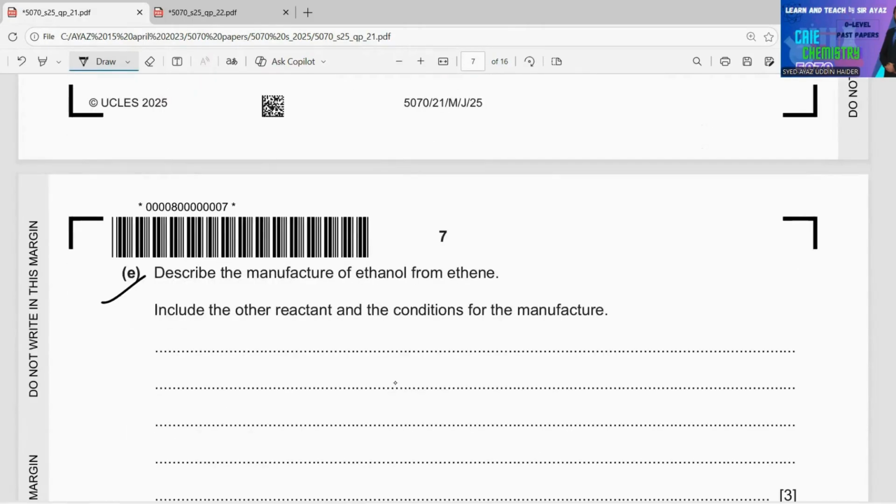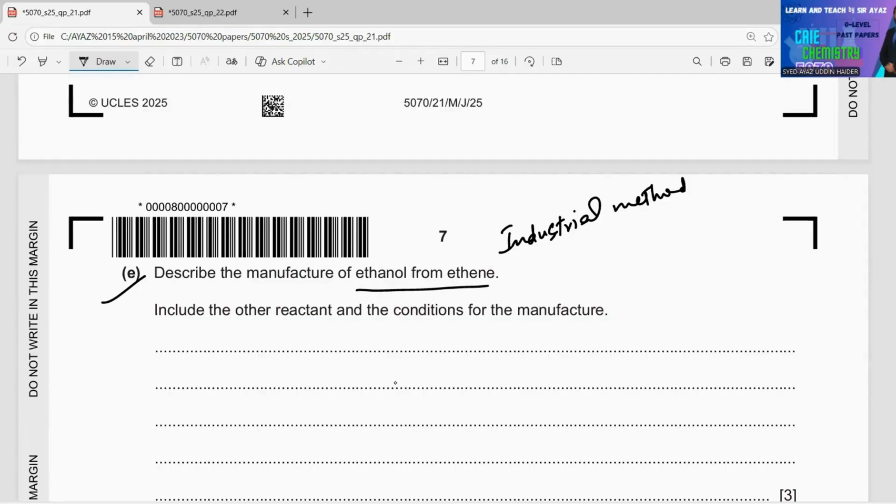Part E. Describe the manufacture of ethanol from ethene. Now this method is an industrial one. Include the other reactant and conditions for the manufacture. So in this reaction, you have to react ethene with steam or water.